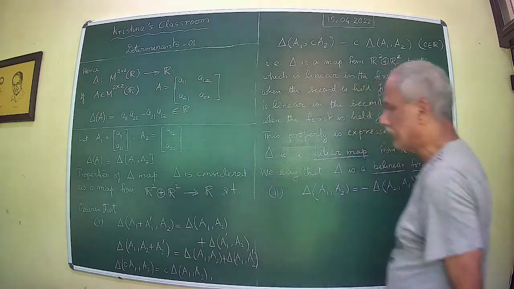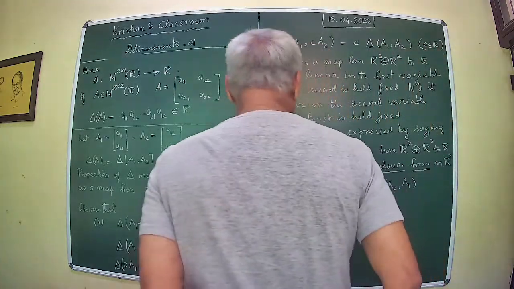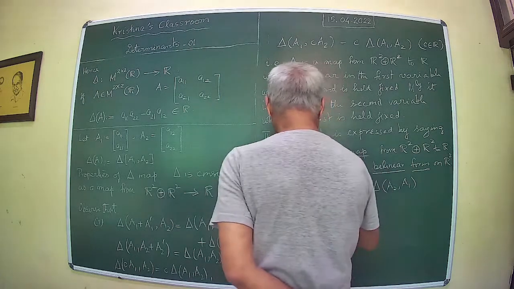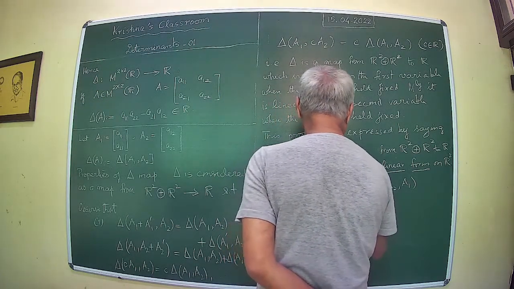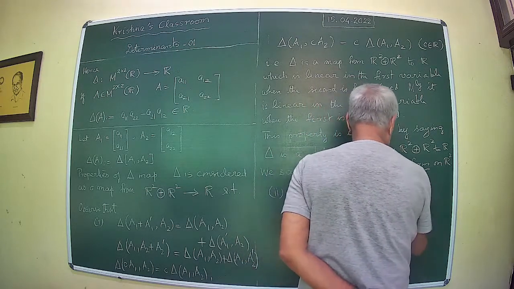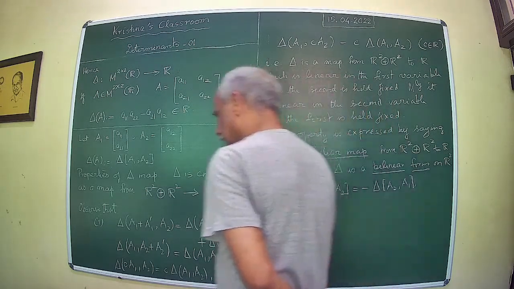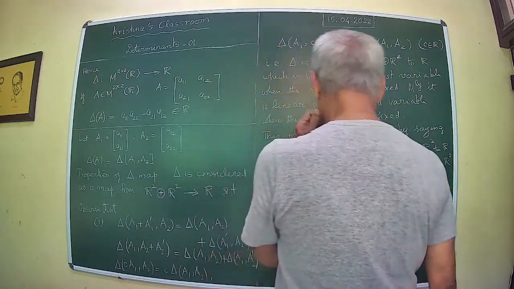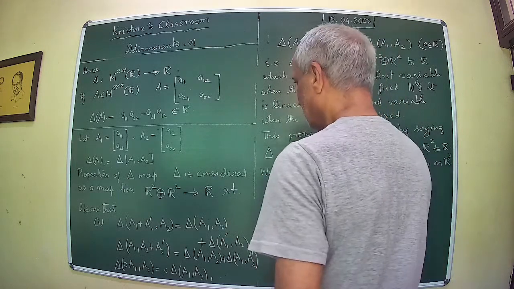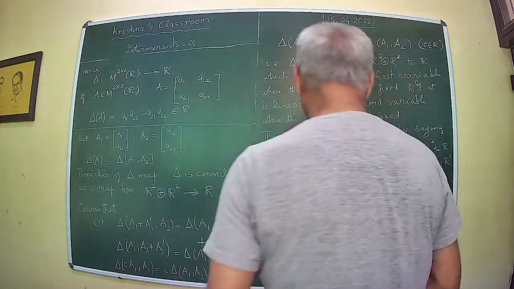That means if you interchange the arguments A1 and A2, then the value of the determinant changes sign. This is another property that can be easily directly verified.